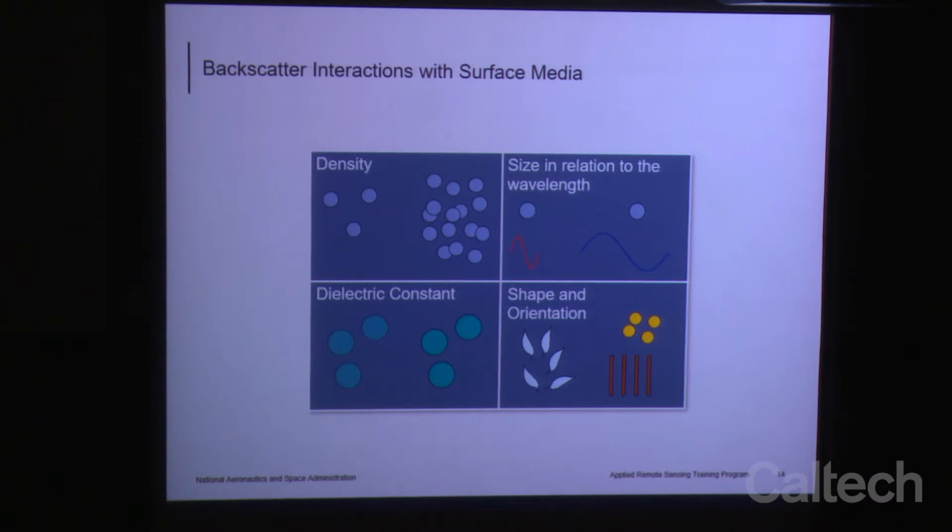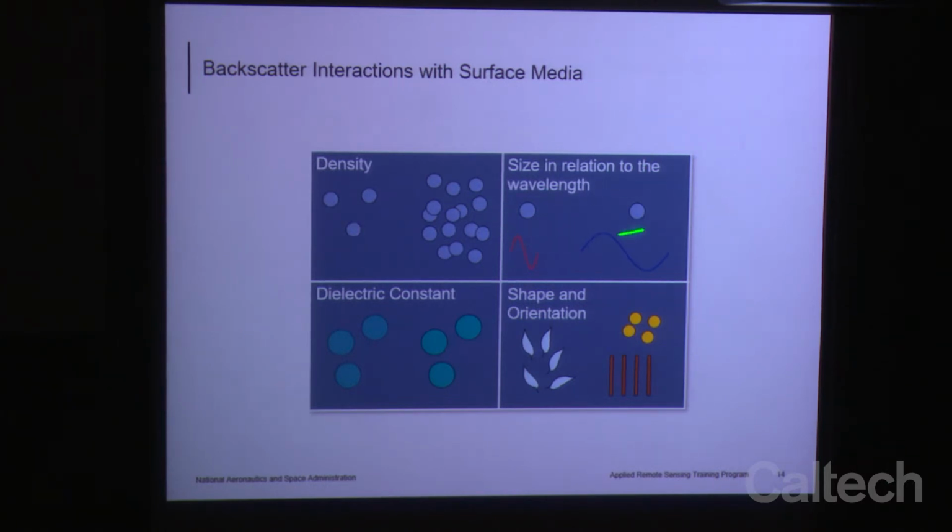Well, backscatter interacts with surface media relative to different properties that are related to structure and what we call dielectric constant, which is an electrical property of the scene. So you can think of vegetation density as having a large effect.